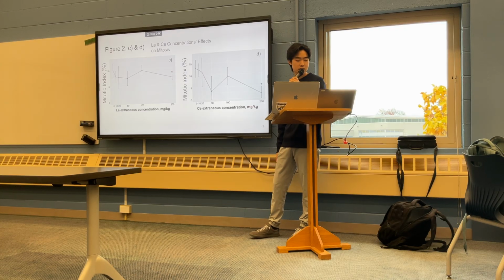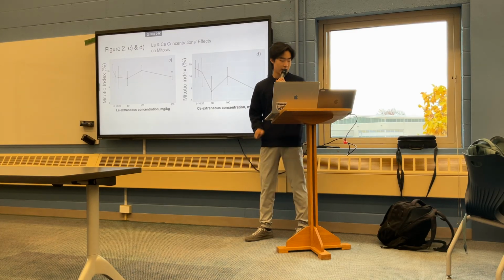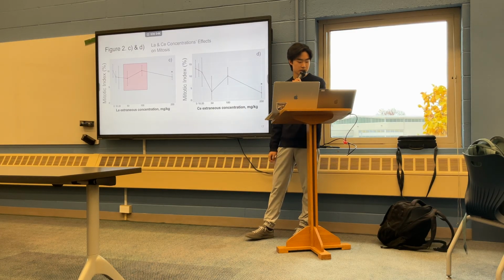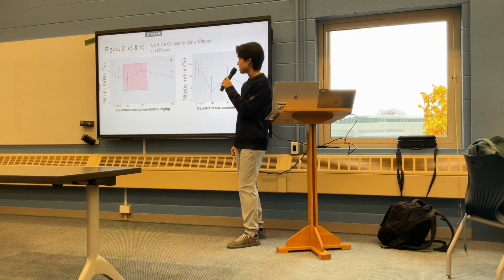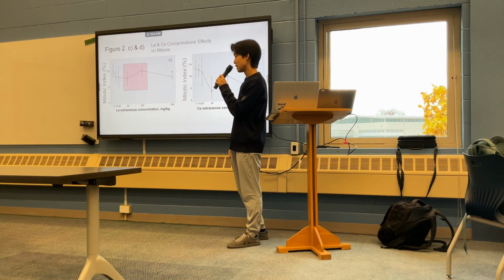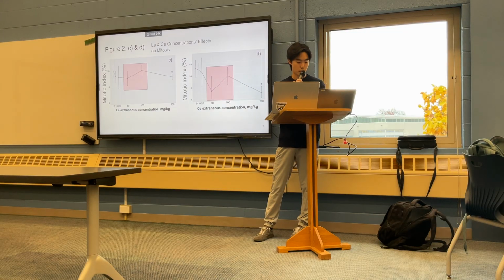And this figure shows lanthanum and cerium concentrations' effects on mitosis. And you can see that there's another slight increase in the percent of cells in mitosis, and that can be attributed to two things: either human error due to the error bars, or the fact that lanthanum is naturally abundant and necessary for plant growth.